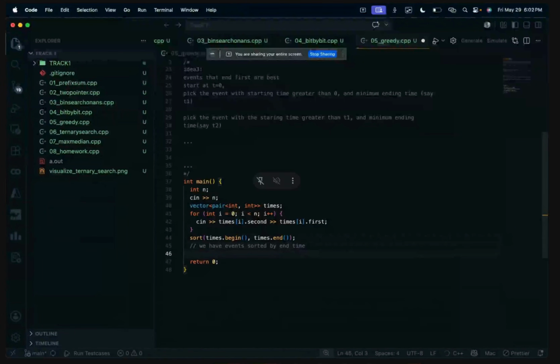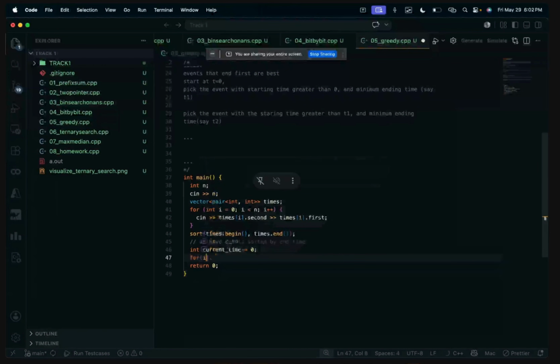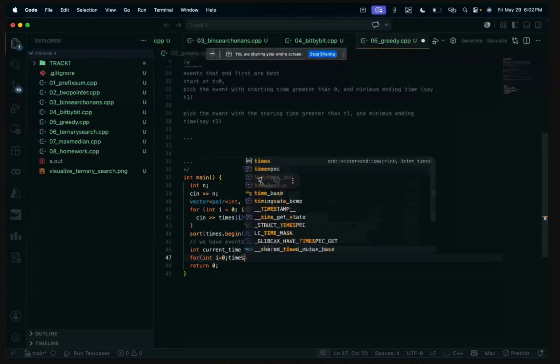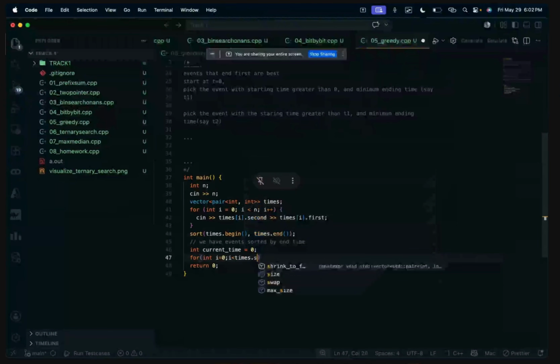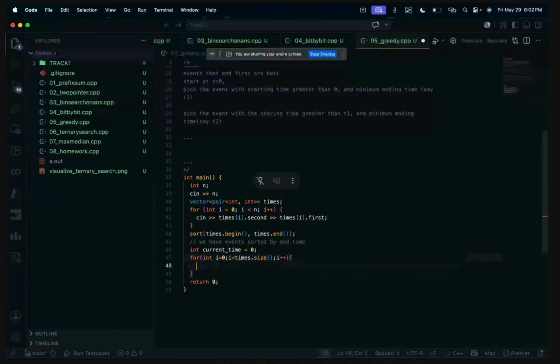Right? So what we do from now is we have a current time which tracks the current state of whatever events we have chosen. And then we will iterate through this times vector, for i from 0 to times dot size. We will iterate through this vector and then check, does times of i have a starting time more than the current time?